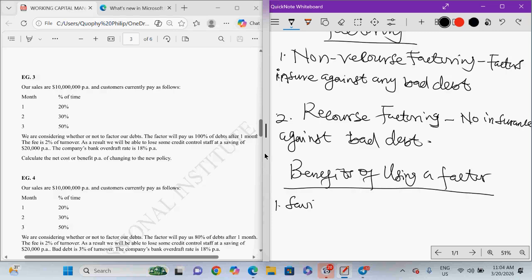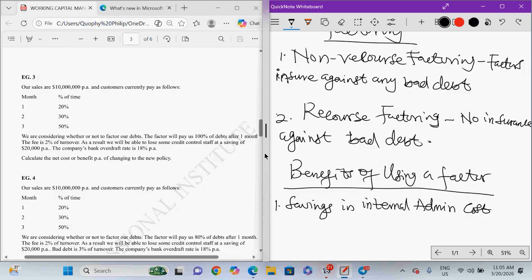So there's a savings in internal administration cost. Why? Because the factors administer the trade receivables ledger themselves.